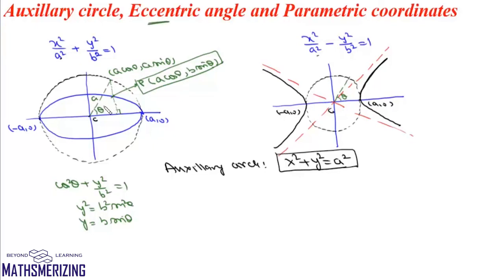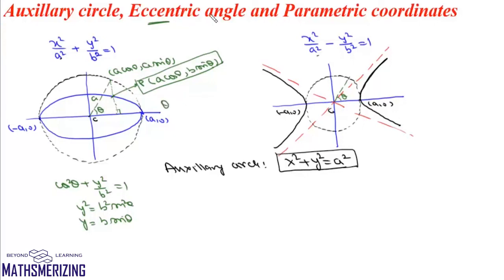So this eccentric angle is not the angle from the center, it is the angle of the point on the auxiliary circle whose projection is on this ellipse. So any general point on the ellipse, we'll write it as a cos theta and b sin theta, and this theta here is called the eccentric angle.